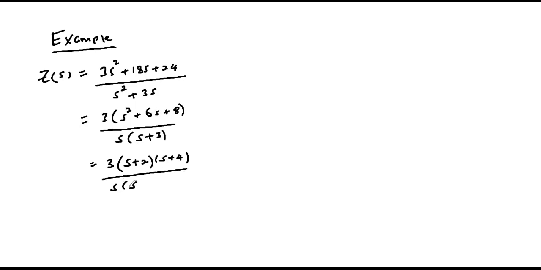We notice that for the poles, we have a pole at s = 0 and s = -3. And for the zeros, we have zeros at s = -2 and s = -4.